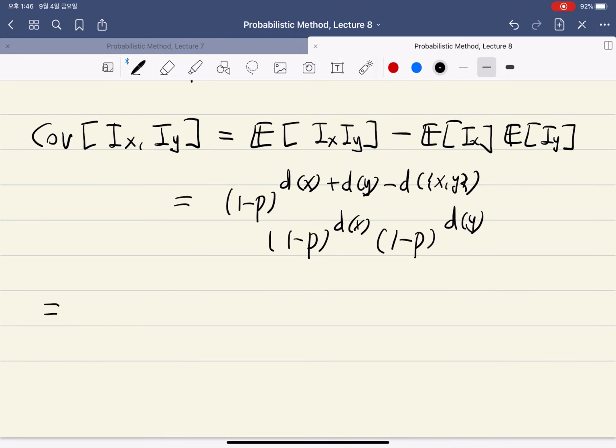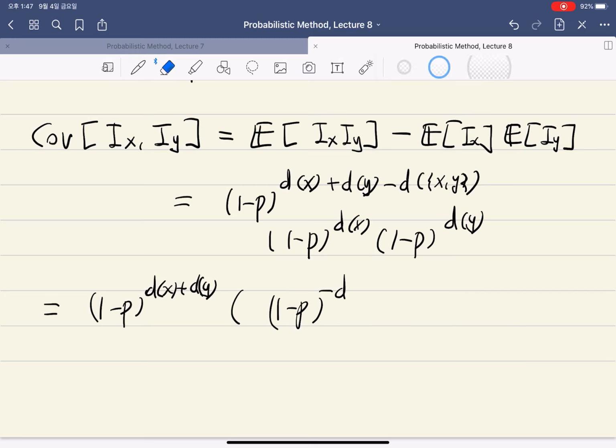So this is nothing but (1 minus p) to the degree of x plus degree of y, minus co-degree, the number of edges containing both of them, minus 1.